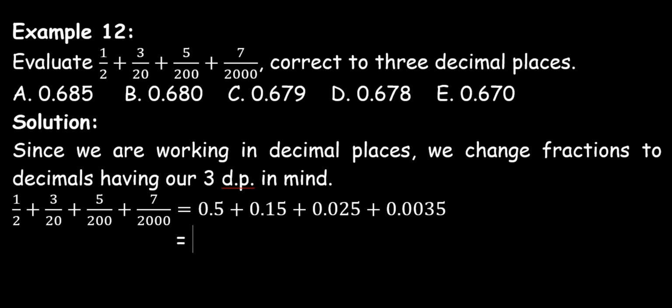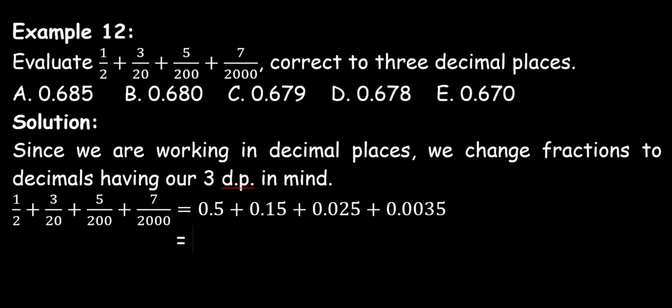Before I go to the result, when we say you have 3 decimal places in mind, for the last value, 0.0035, if we had written it as 0.003 or 0.004, you are already messing up the work, because you would have stopped having the actual value needed. So if we are talking about 3 decimal places, you should give room to 4 decimal places for approximation. We didn't throw away the 5 after the 3, because it's your final answer that should be approximated to 3 decimal places.